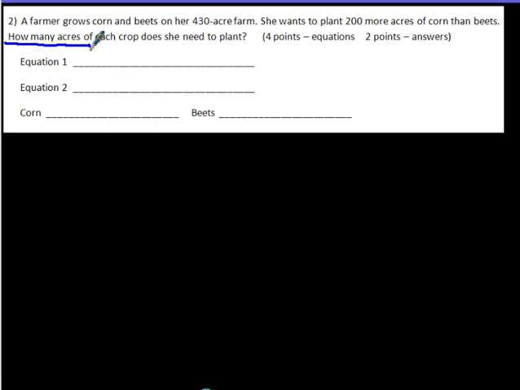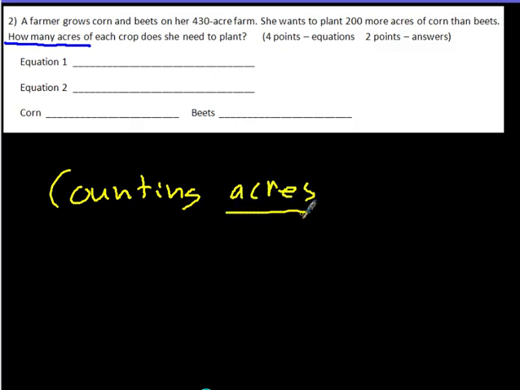So I know that I am counting acres. Right? Acres of what? Beets. B equals acres of beets.